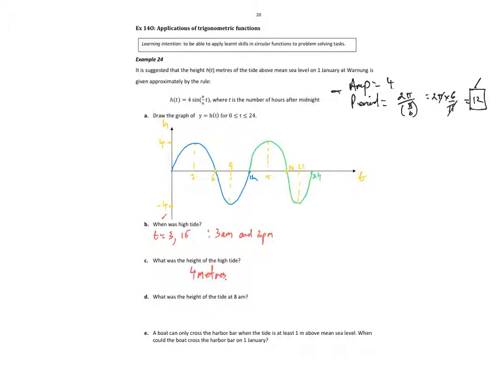What was the height of the tide at 8 a.m.? So first things first, at 8 a.m., t is equal to 8. So we need to work out h of 8, which is given by 4 sine 8 pi on 6, which is equal to 4 sine of 4 pi on 3, which is down there, pi plus pi on 3.